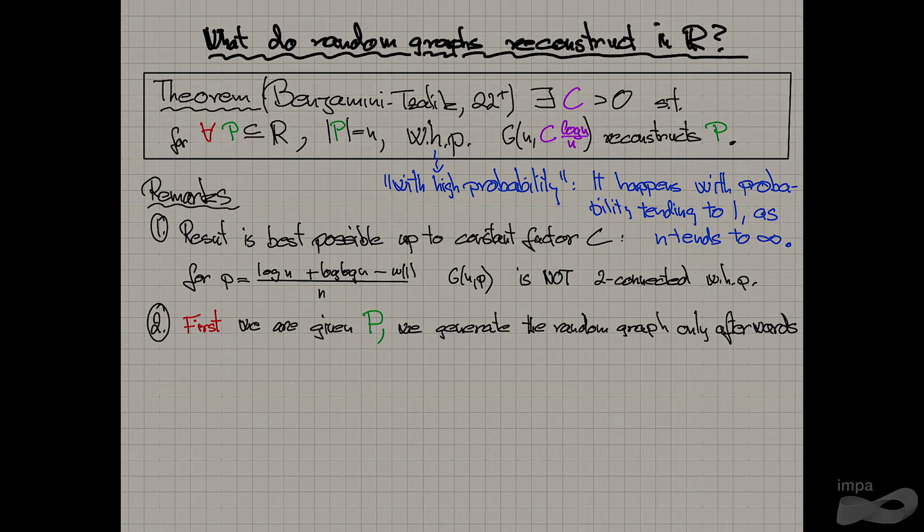The other comment I would like to make and draw attention to is that in this statement, first they fix the points P, and then they draw the random graph. If you think about it a little bit, this is very far from what you really want to know when you have birds. You don't want to fix first where they are standing, then draw a random graph and then assign them the nano devices accordingly.